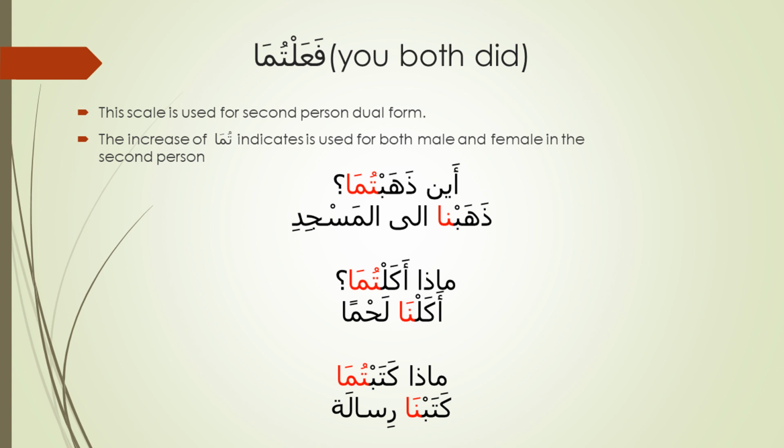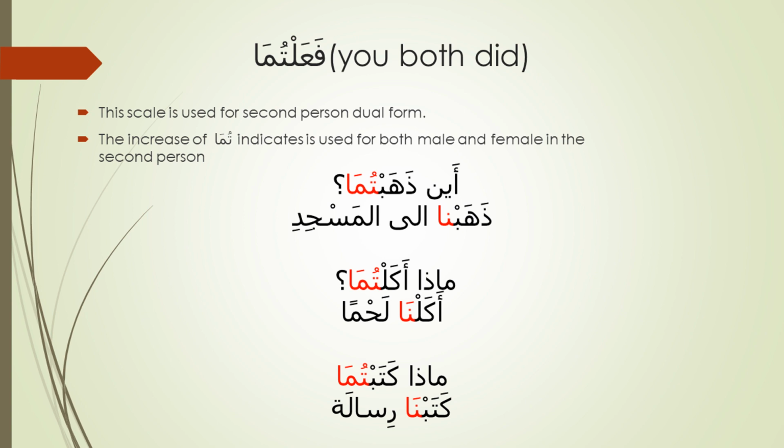Everything in black is the root letter, and the increase is in red, because I can drop the tuma and replace it with a ta or a tum, but you can't drop the ha and the ba, because then you've changed the meaning. The ha and ba return back to the verb. That is the root letters which the verb is made of.